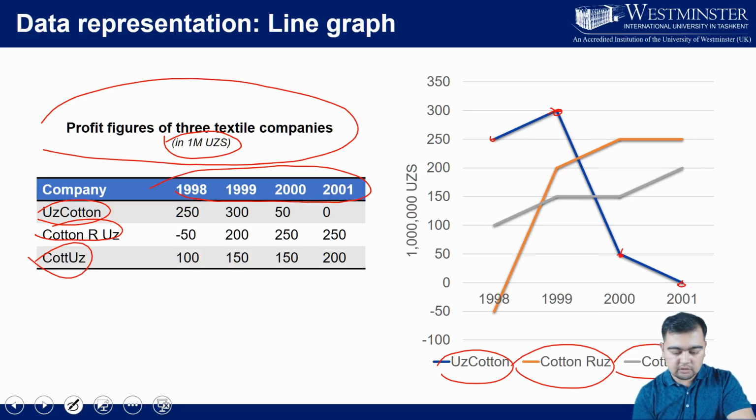For example, for the UzCotton company, in 1998 we had a 250 million profit figure, so we assign that number. Then during the following years we have 300, which went down to 50, followed by a zero profit figure by the end of 2001. Then we simply join these four dots. You can do the same thing for the other two companies.